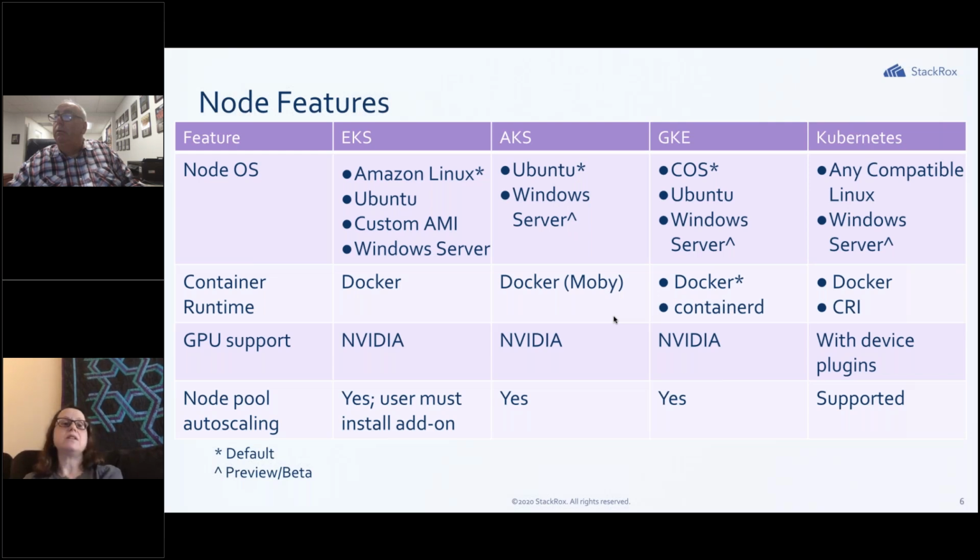Kubernetes has a really nice cluster autoscaler. It's very configurable. I've seen it mature a lot in the last 2 years, and you can also bring in your own. But either way, AKS, Azure, and Google is opt-in, but they will manage that for you. EKS does support it, but you do have to install it and manage the add-on service yourself.